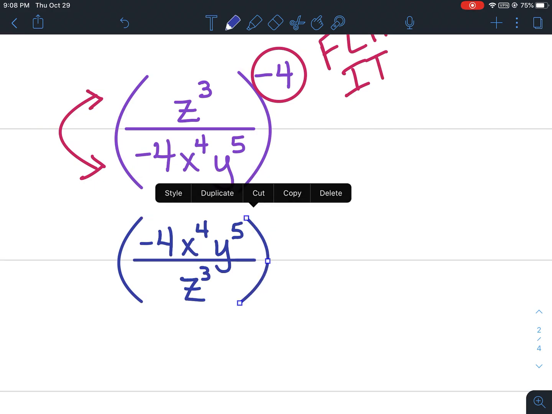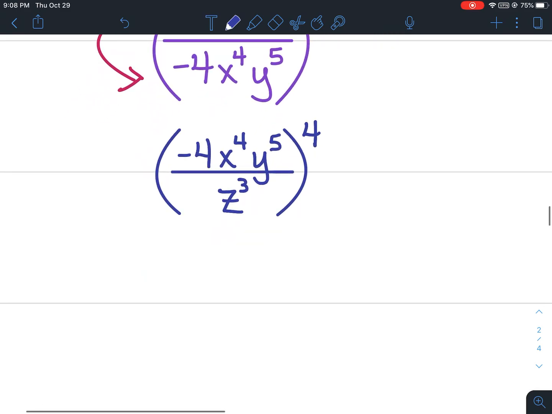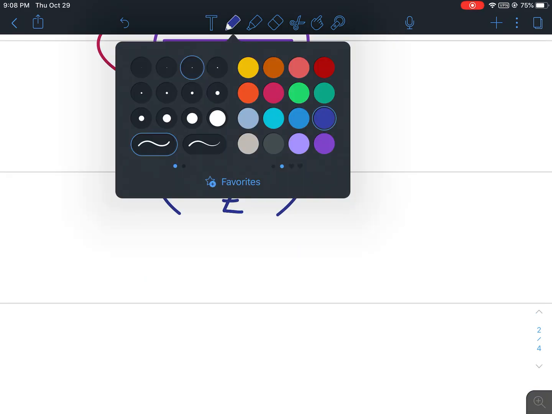And now my exponent will be a positive 4. By flipping it, I got a positive 4. Now I'm ready to do power of a fraction.